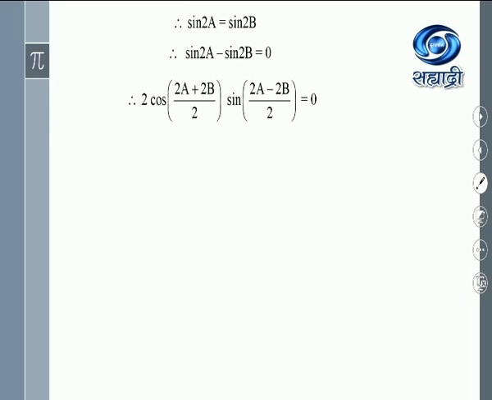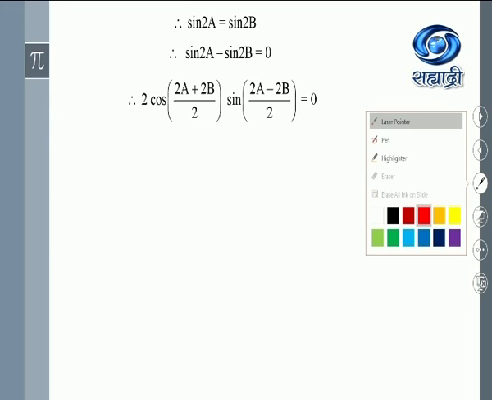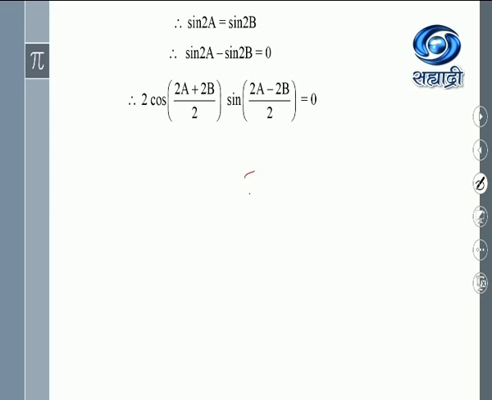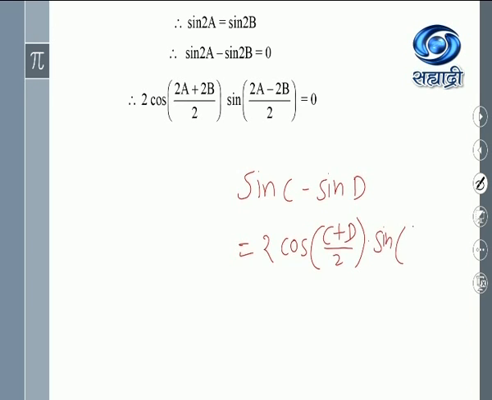Now here we use the factorization formula that you had done last year. Sin C minus sin D is equal to 2 cos of (C plus D) by 2 into sin of (C minus D) by 2. This is called the factorization formula. So instead of C and D, we have 2A and 2B.